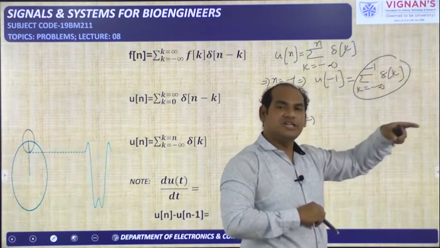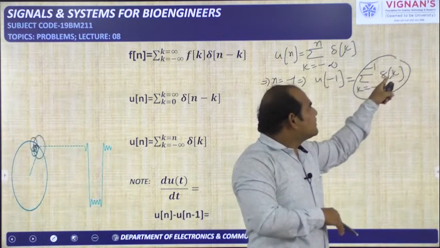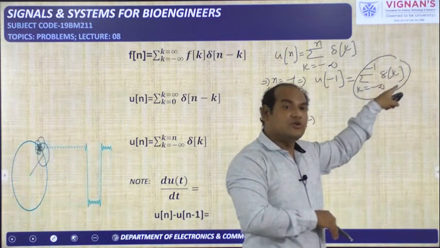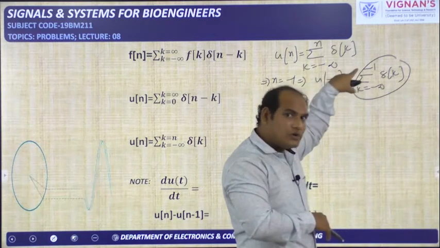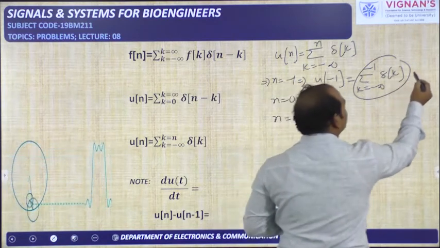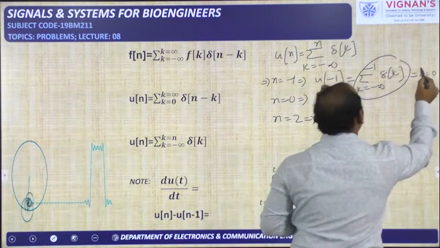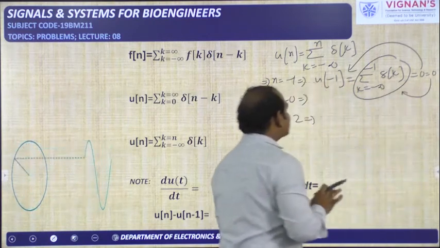The independent variable has now changed; generally we say del of n, now it is del of k. So this impulse is available at k equal to 0, but you are doing the summation from minus infinity to minus 1 only. You are not meeting k equal to 0. So its value is 0 only, 0 equals 0. This 0 is for this one, this 0 is for this one. So both are equal, so satisfied.